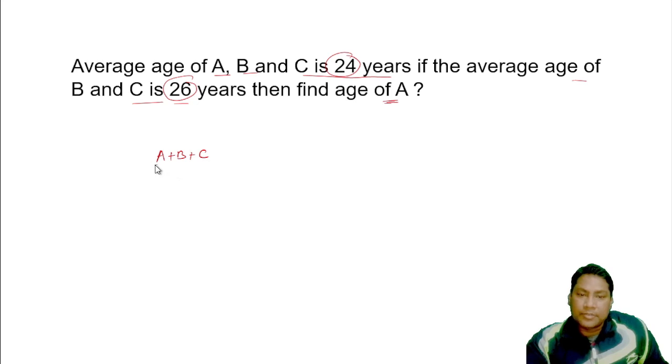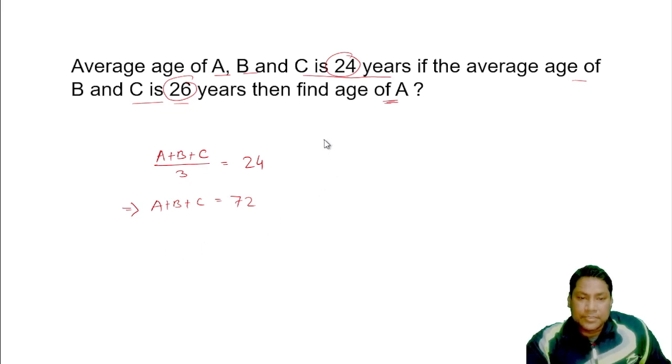The total number of observations is 1, 2 and 3, and the average given here is 24. Now we will take the value of A plus B plus C, that will become 24 multiplied by 3, that is 72.